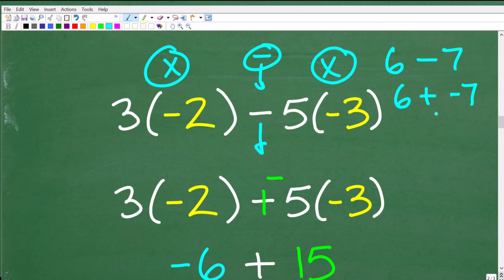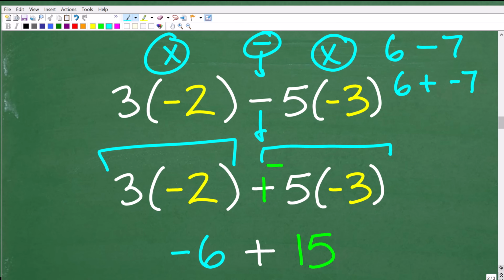This is often a good technique not to get confused with a difference operation or a subtraction operator. Okay, so this is just a good little tip here. But if you are confused in terms of the sign of this number, just turn it into addition. And now we clearly have -5 times -3 and 3 times -2.